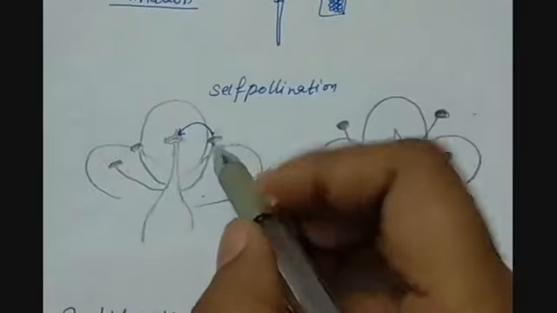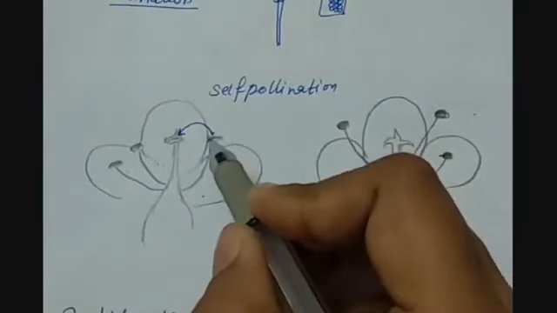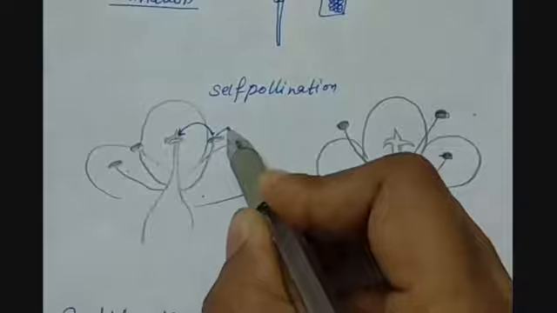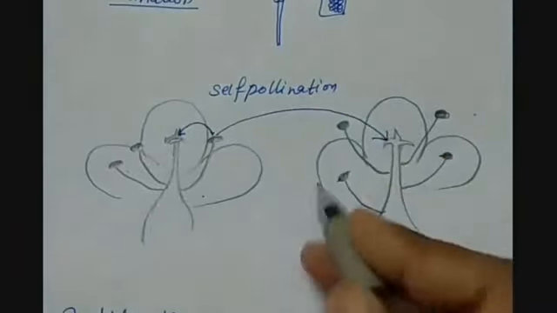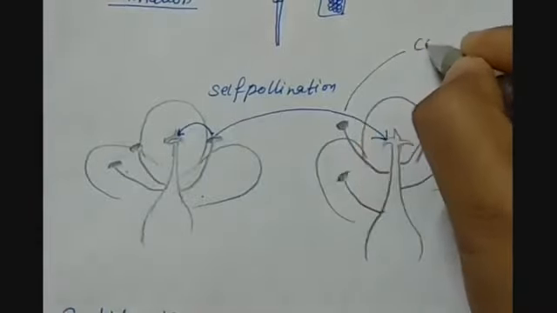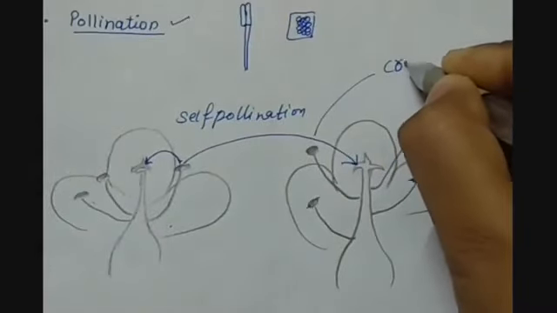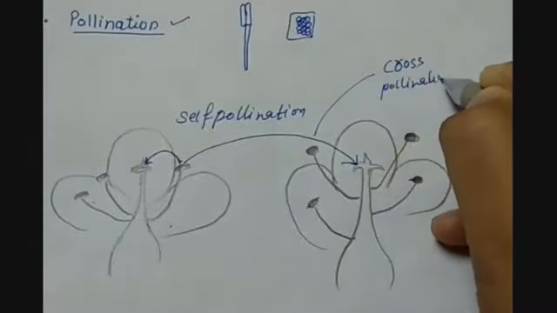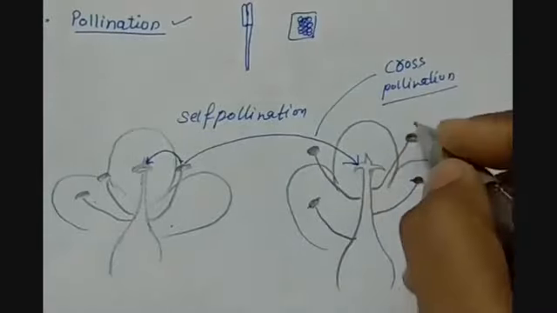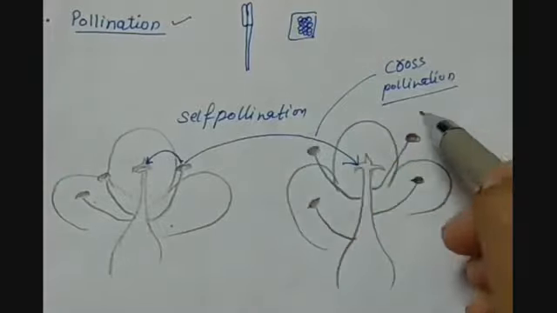So if from the anther of one flower, the pollen grains are transferred to the stigma of another flower, then this is called cross-pollination. So there are two types of pollination occurring, self-pollination and cross-pollination.